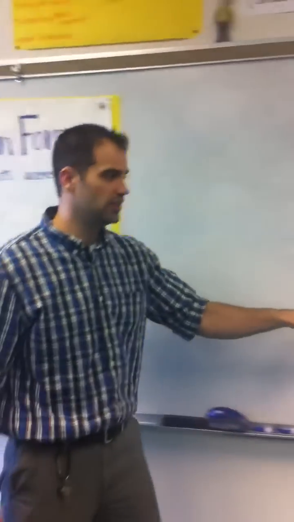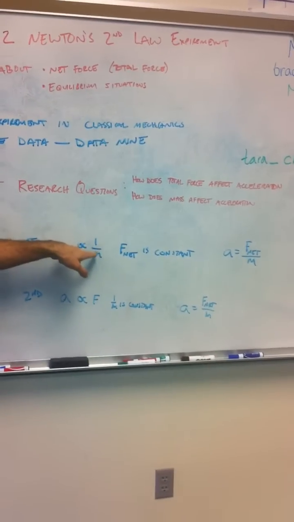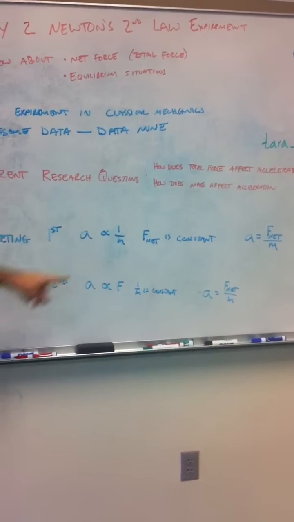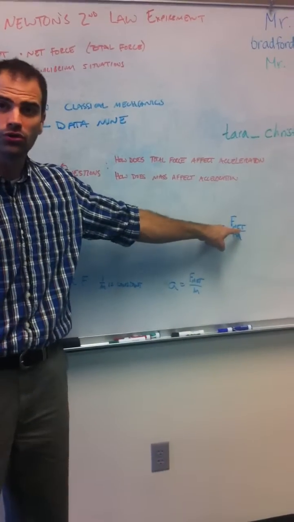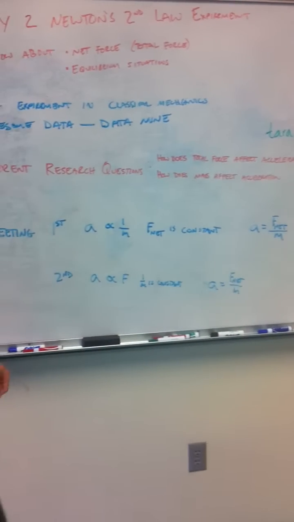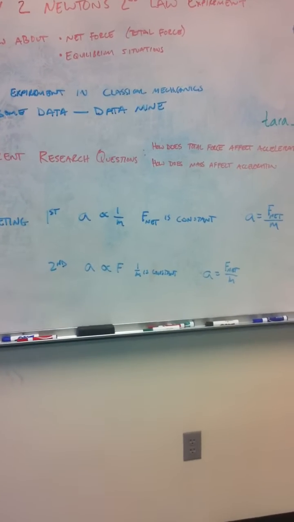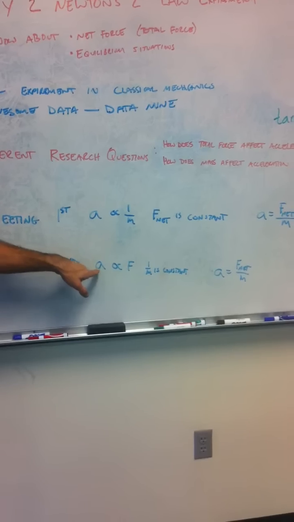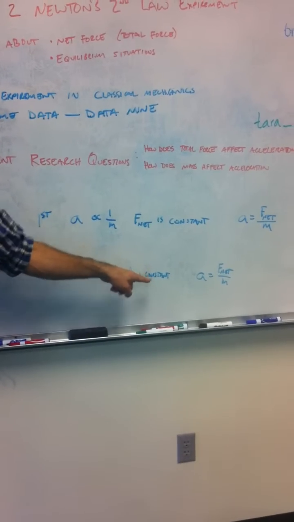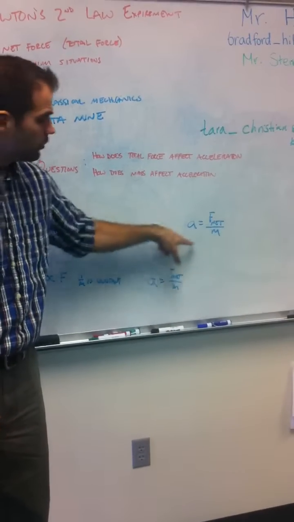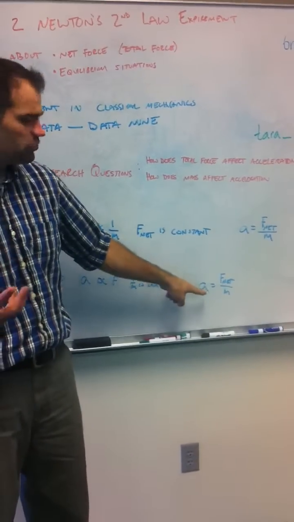Now during the whiteboard meeting, I suggest first starting with A is proportional to 1 over m, the inverse, because the constant in that inverse equation is F total, or F net. Students can get that on their own. Now, even knowing that, going to A is proportional to F, where 1 over m is the slope, they will still struggle, but with this floating out there, someone will figure it out.